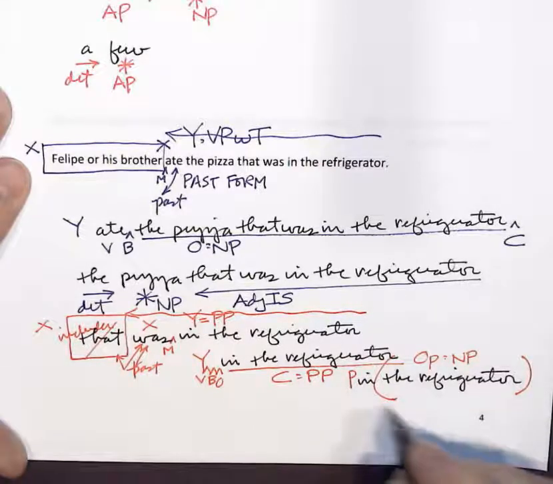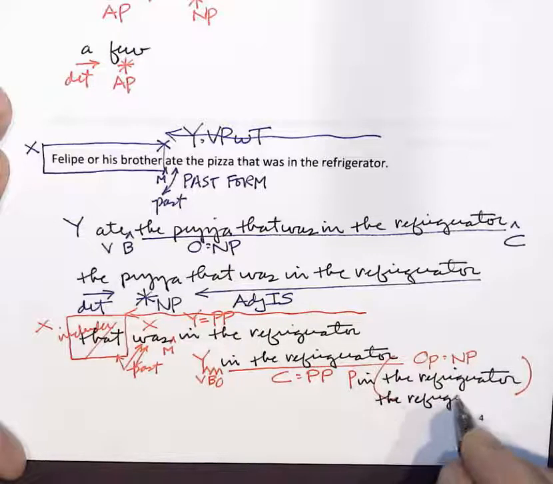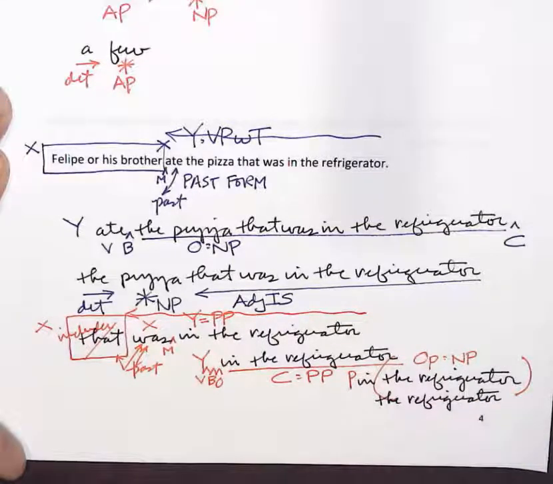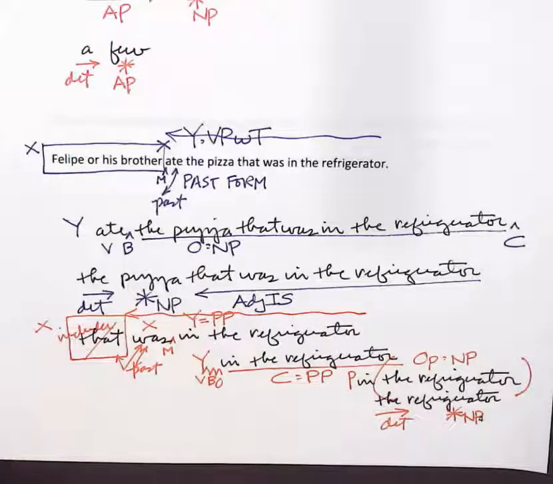And the refrigerator is our noun phrase. Refrigerator is the head. That's our noun phrase. And the is a determiner. That's the modifier.